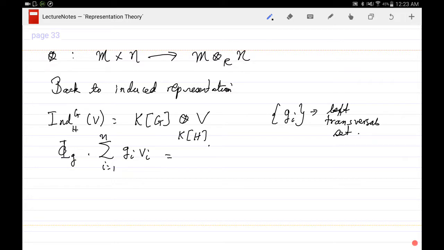This becomes Ind_H^G tau, a representation of our subgroup H acting on V_i.